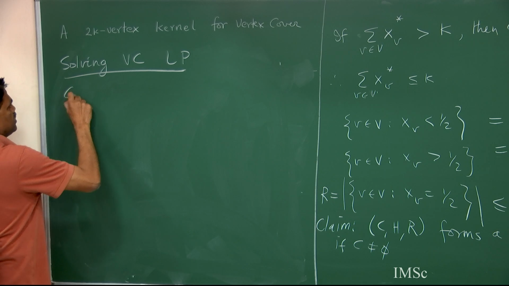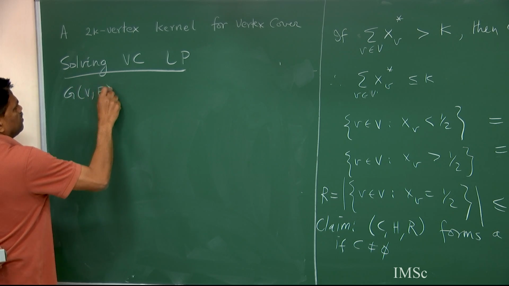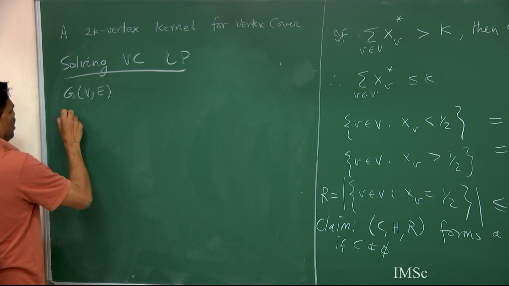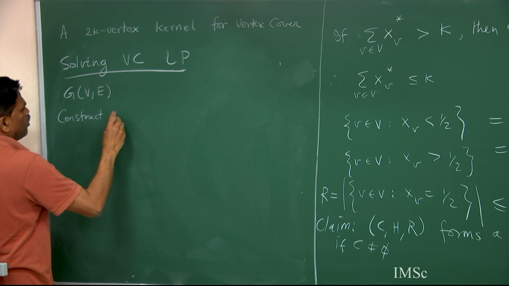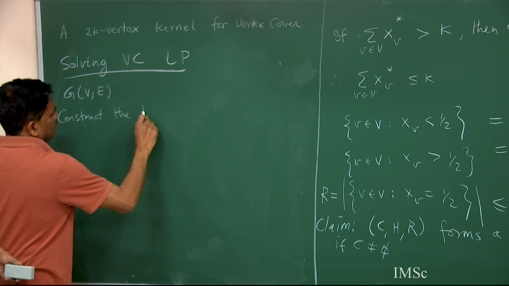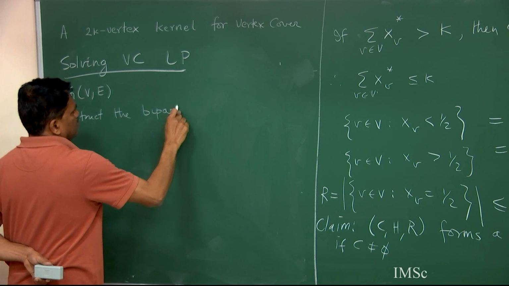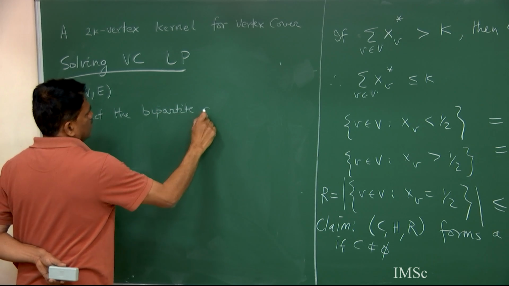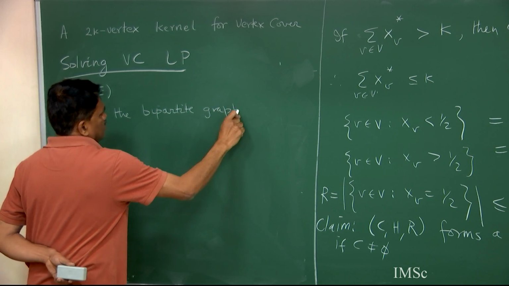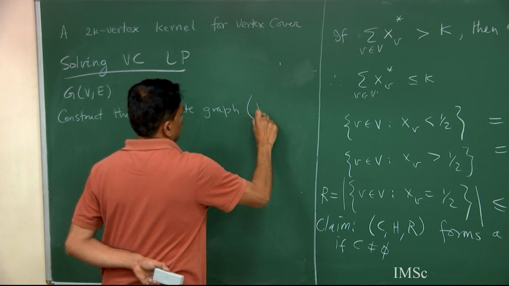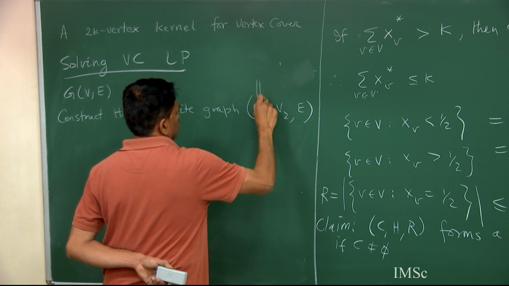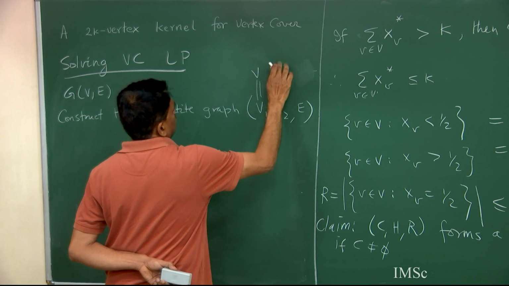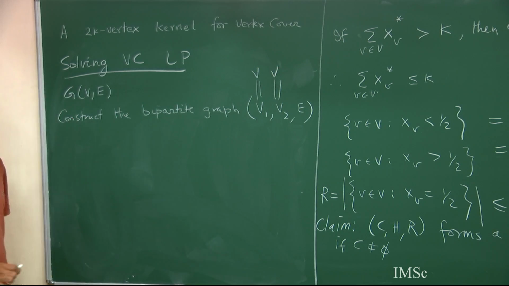We are given this graph G. Construct the following bipartite graph, where you will have V1, V2 and E, and this V1 and V2 are nothing but V, two copies of your vertex set.